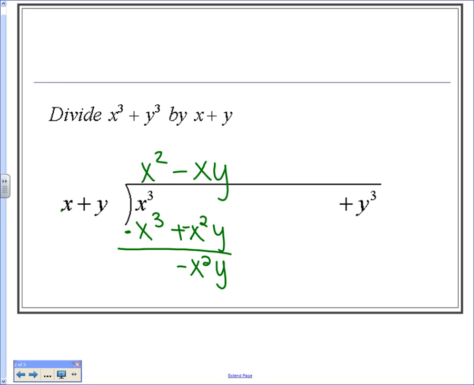What is negative xy times x? Negative x squared y. And then, you don't have to, but if it helps you, you can put a 0 for the missing terms, and then you each have a negative. That's fine.